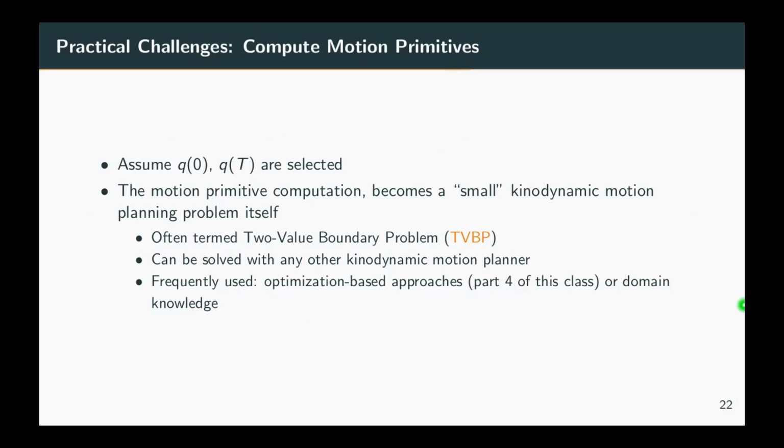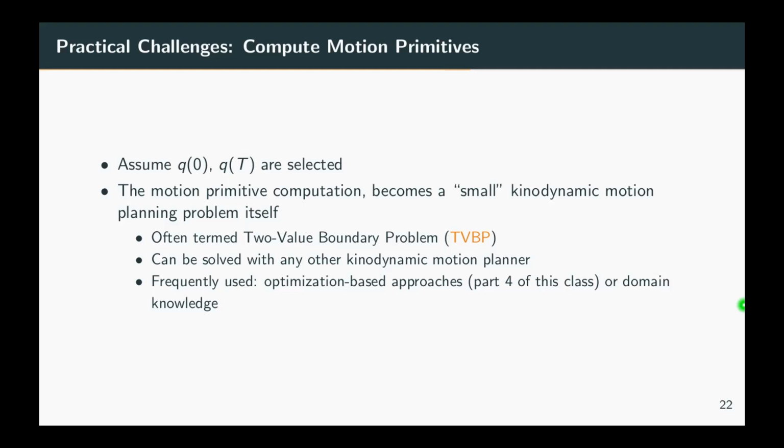Okay, and that brings us to the practical challenges. So how can we actually compute motion primitives? Let's first assume that we made some assumption on what our start configurations and goal configurations should be.